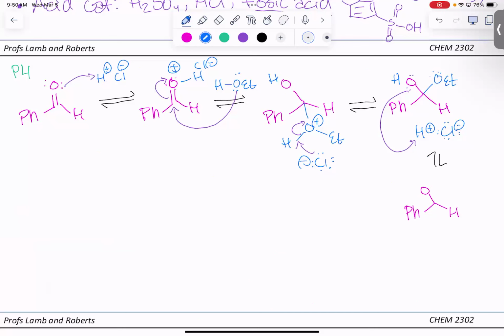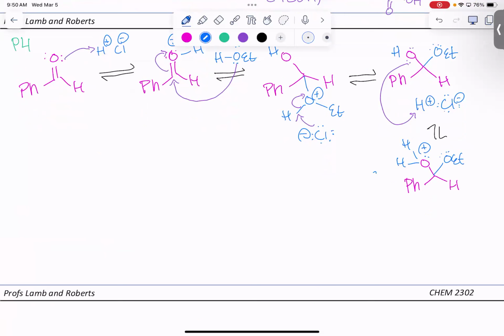So we haven't done anything with our alcohol on one side, but we have protonated our alcohol on the other, I guess our ether on the other side. All right, so now we get to this product. We'll carry through our Cl minus.